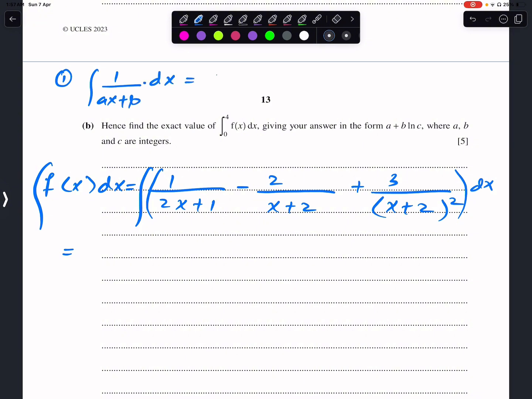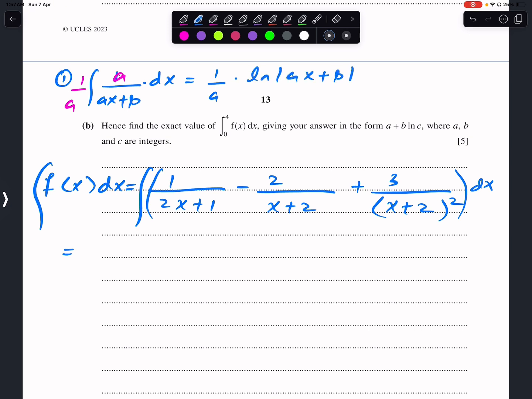You will make the derivative of the denominator here by multiplying 1 over a and then a, and the answer will be 1 over a natural log of ax plus b.